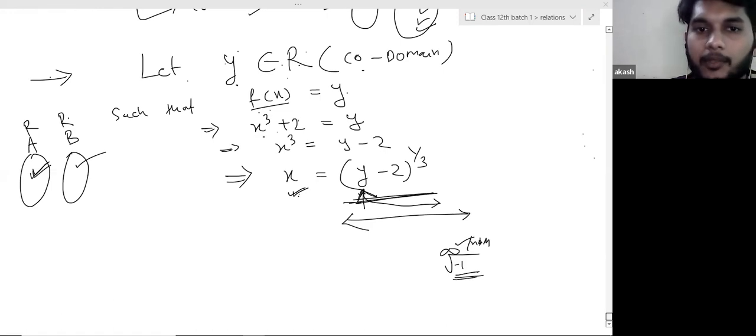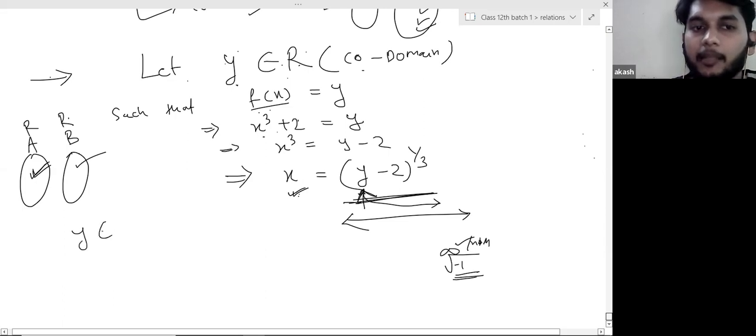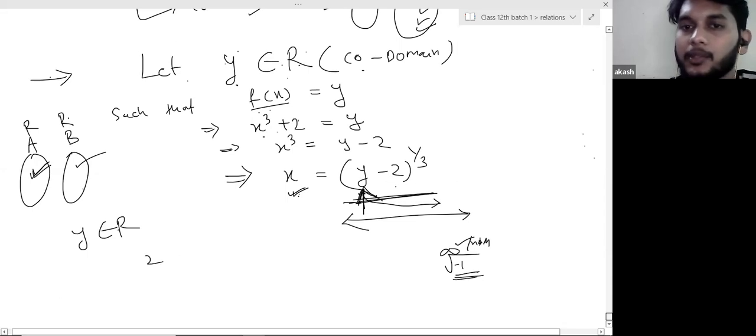All right, I'll explain once more. I'm asking, is there any value of y? Where will you find the values of y? Y is any real number, right, from the codomain. Is there any value of y which, if I put it here, suppose I put y equals 2. So 2 minus 2 is 0, 0 to the power 1 upon 3 is 0.